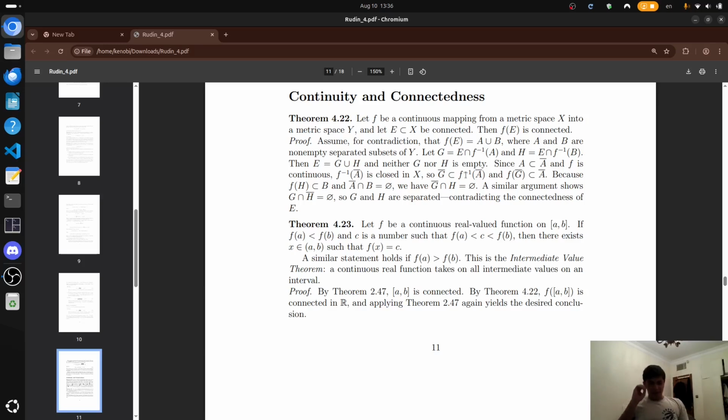Okay, if you really want to go into detail for this theorem, we need to go to that exercise, which basically says f of e closure is a subset of f of e closure.